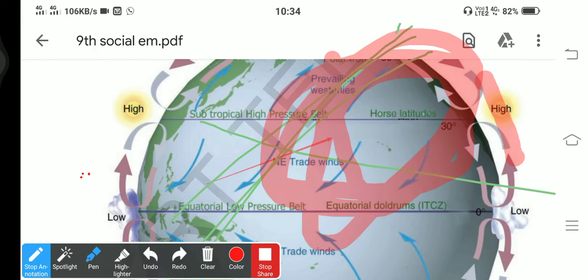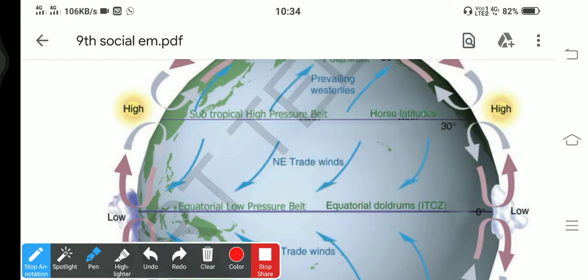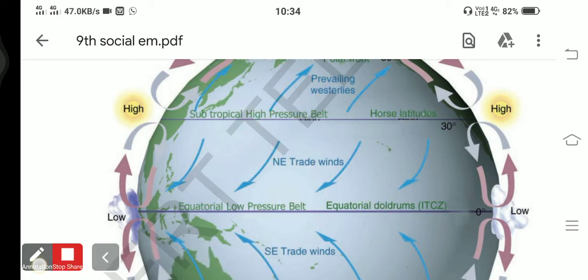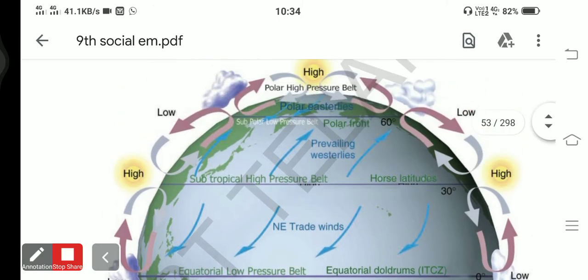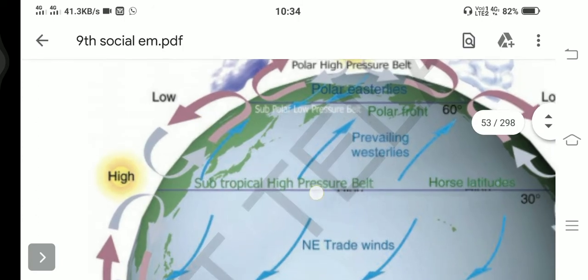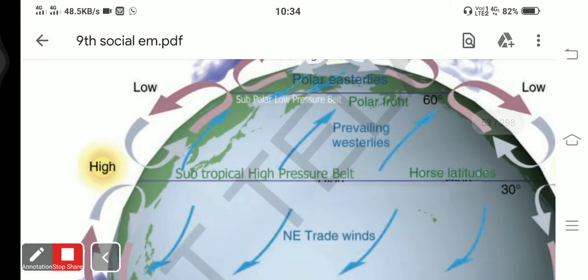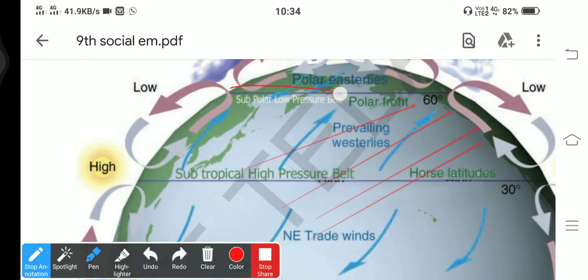Okay, these are, dear students, from the subtropical high pressure belt to the subpolar low pressure belt. Look at this. This is the subpolar low pressure belt and the subtropical high pressure belt.